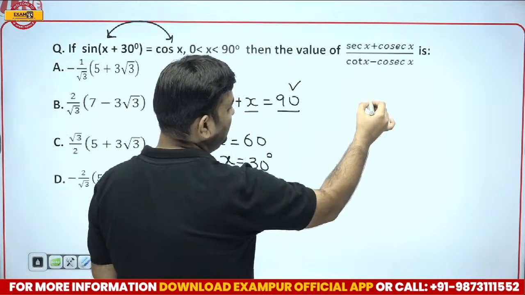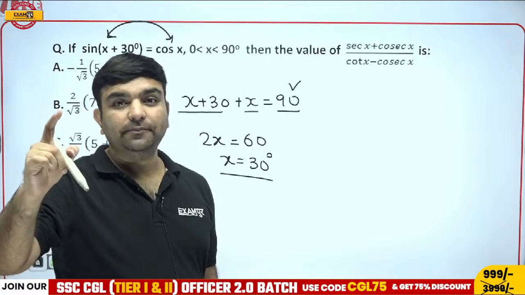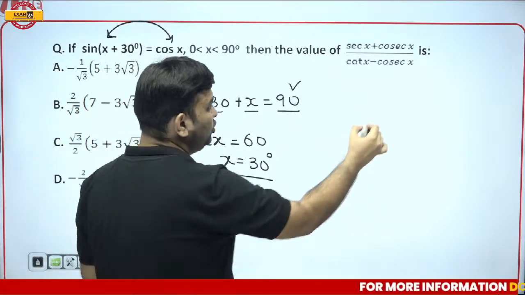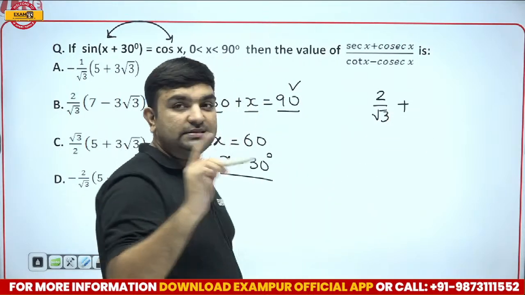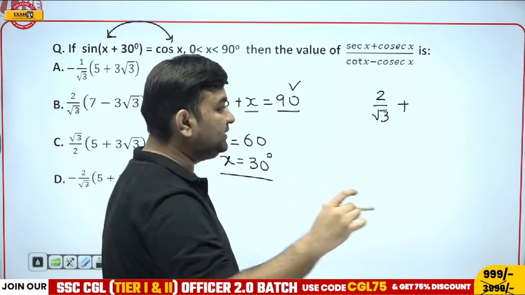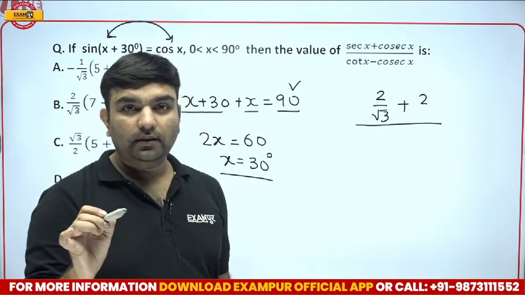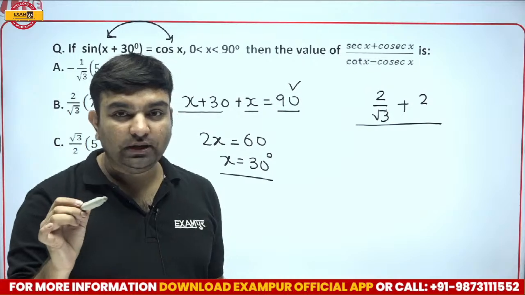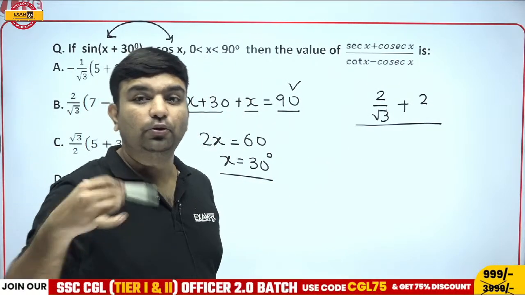Sec 30. Remember the values, guys, with me. Cos 30 is root 3 by 2, so sec 30 is 2 by root 3. Sin 30 is 1 by 2, so cosec 30 is 2. Tan 30 is 1 by root 3, so cot 30 is root 3.